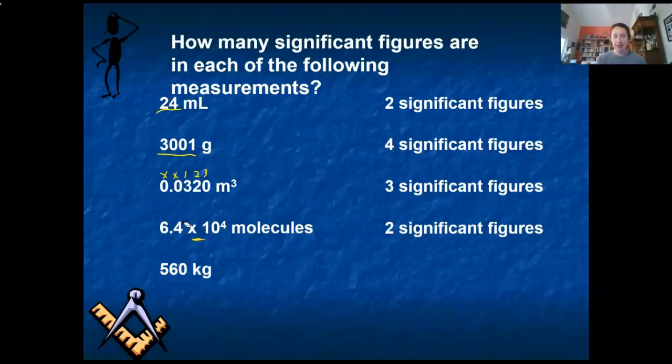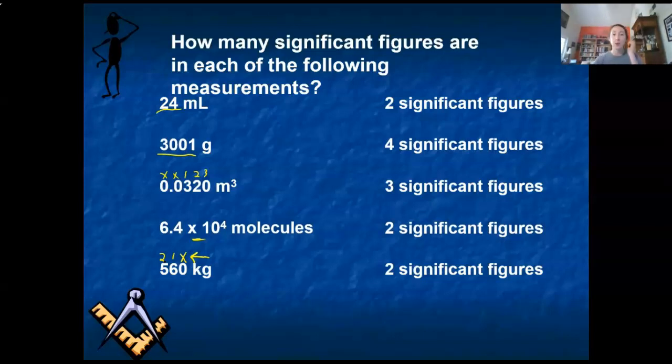So since the decimal place is absent, we're going to start counting from the Atlantic side, starting with the first non-zero number. So this is a 0, it doesn't count. 1, 2. This has 2 significant figures, right? So when we're doing significant figures, the first question we ask ourselves is: is the decimal place present or absent? Remember, if it's present, you start from the Pacific side, starting with the first non-zero number. If it is absent, you start from the Atlantic side, starting with the first non-zero number.